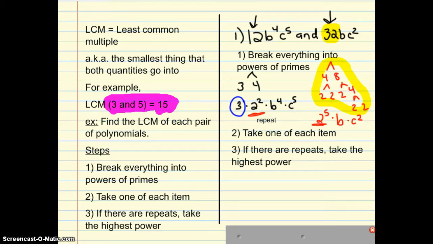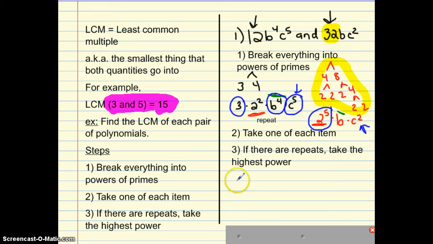So I am going to take the highest power, which is 2 to the 5th. My b to the 4th and b, again, I'm going to take the highest power, so b to the 4th. And then with my c to the 5th and c squared, again, I'm going to take the highest power.